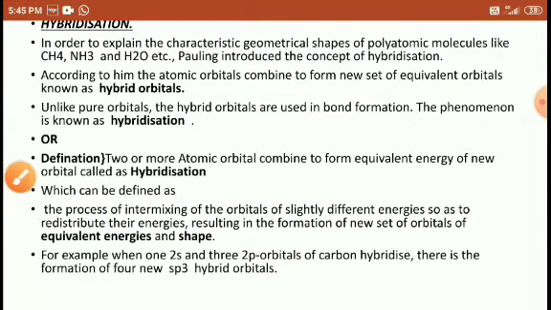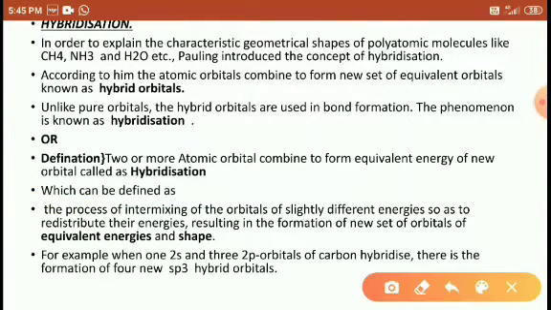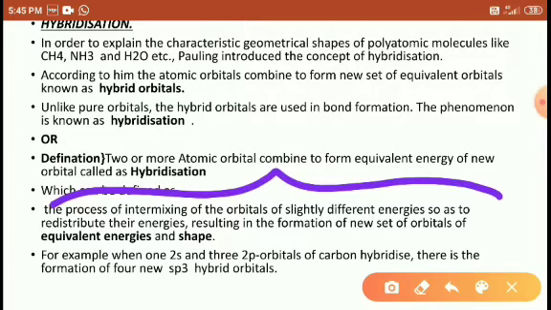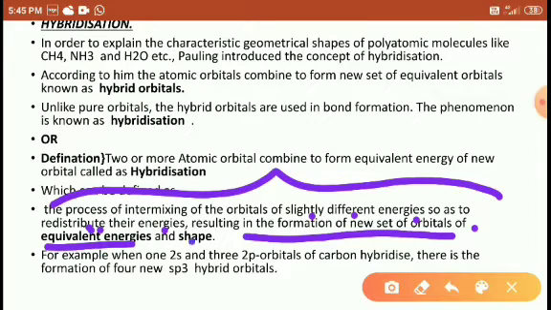The intermixing of orbitals of slightly different energy redistributes their energy, resulting in the formation of a new set of orbitals of equivalent energy and shapes. Right, students?